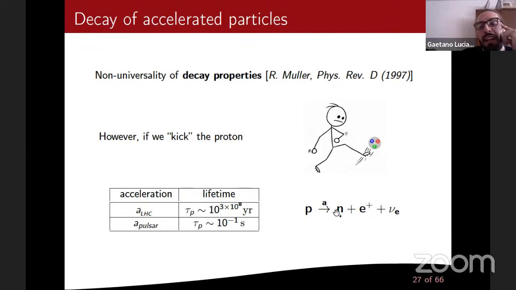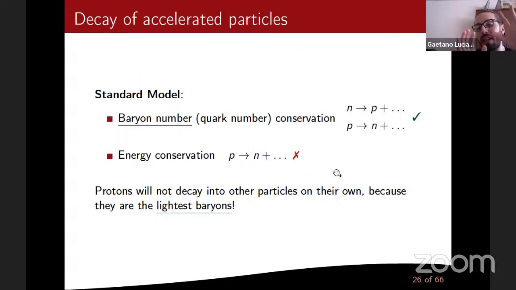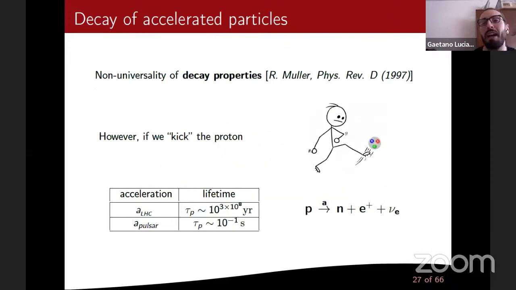The proton can decay into a neutron, a positron, and an electron neutrino. Let me emphasize this point. If you are considering a static proton, the particle is stable in the standard model. But if you accelerate the proton and give it enough energy, the process is not forbidden anymore. So in principle, it could decay.